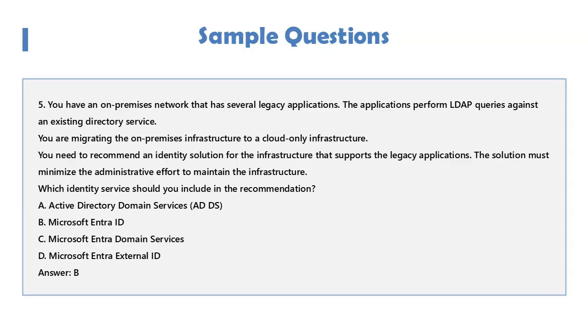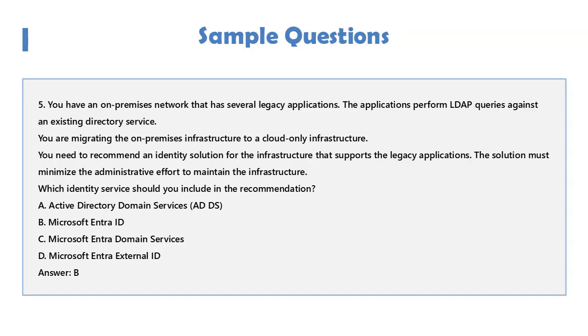5. You have an on-premises network that has several legacy applications. The applications perform LDAP queries against an existing directory service. You are migrating the on-premises infrastructure to a cloud-only infrastructure. You need to recommend an identity solution for the infrastructure that supports the legacy applications.